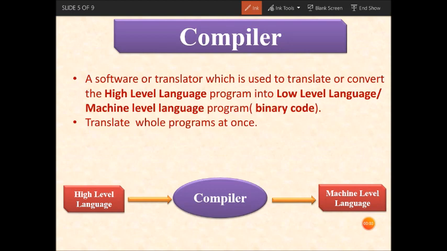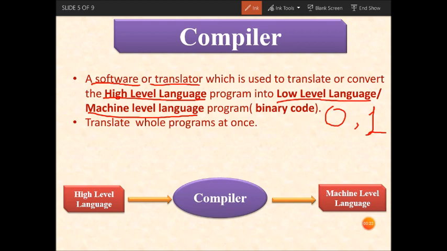Now we will talk about compiler. It is a software or translator which converts high level language program into low level or machine level, and machine level is in the form of zeros and ones, which is binary code.